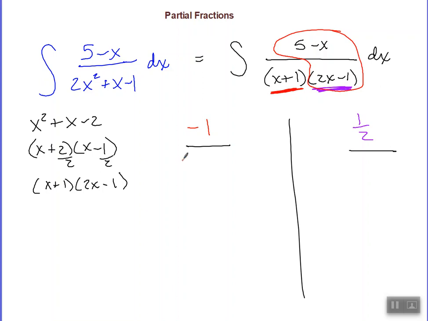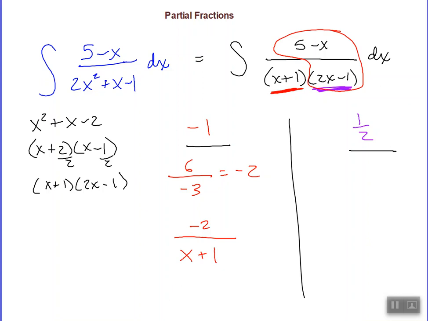So 5 minus -1 would be 6. 2 times -1, -2 minus 3, so it'd be -3. That gives me -2. That's nice. And I'm going to take that -2 that I got, and I'm going to put it over top of the factor that gave me that answer.